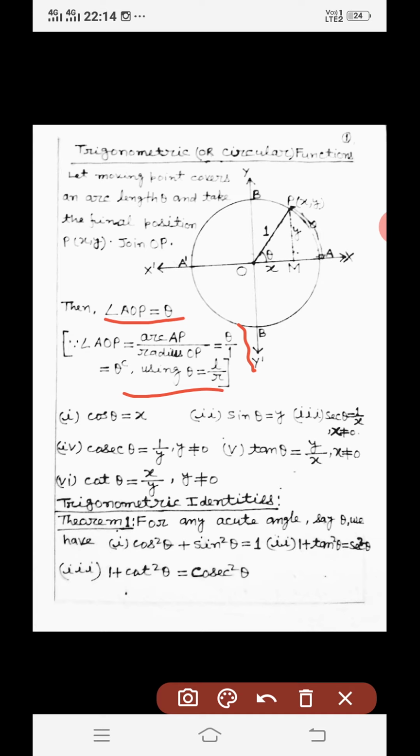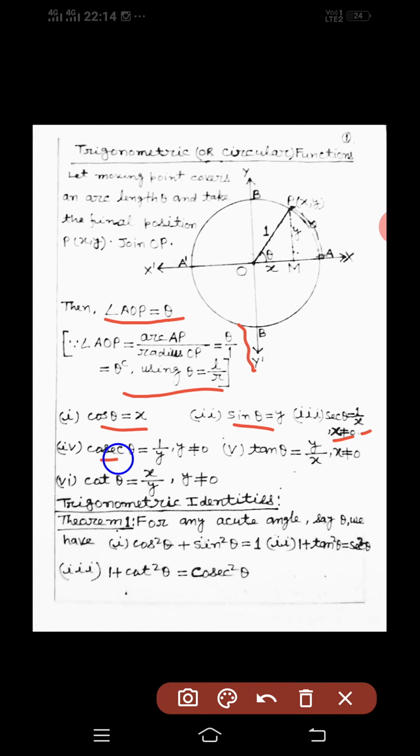Now the 6 circular functions may be defined as under: cos theta is equal to x, sin theta is equal to y, sec theta is equal to 1 by x, where x is not equal to 0, cosec theta is equal to 1 by y, where y is not equal to 0, tan theta is equal to y by x, where x is not equal to 0, and cot theta is equal to x by y, where y is not equal to 0.